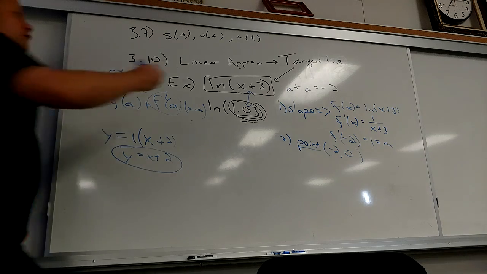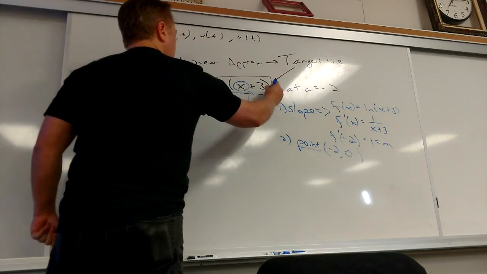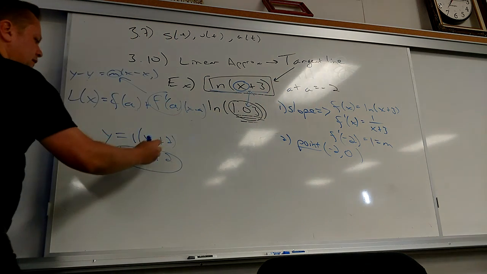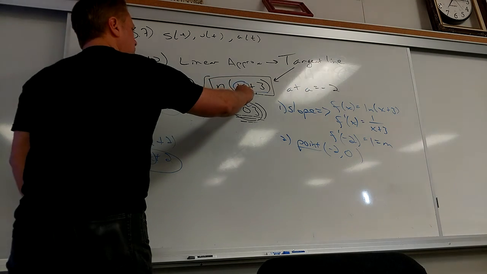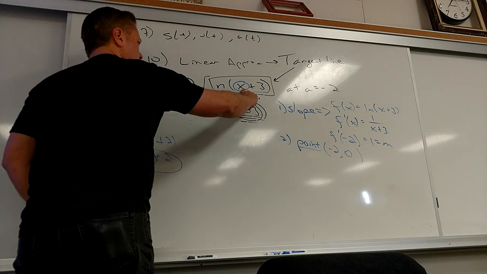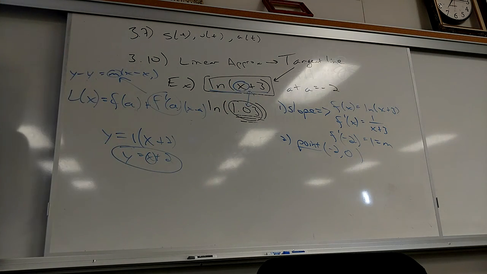So whatever value I would normally plug into this, I can get an approximation by instead plugging it into this. Let me say that again. Whatever value I would normally plug into this, I can instead plug that value in here to get an approximation.